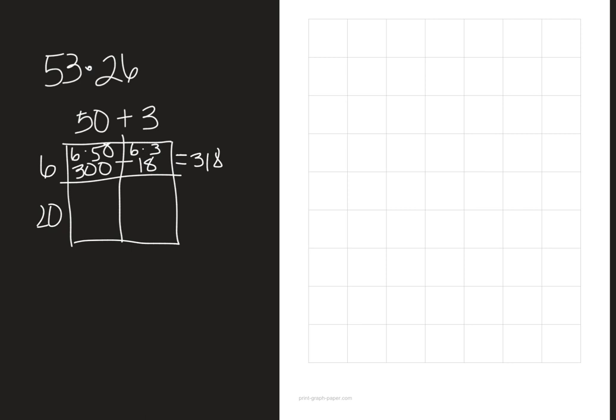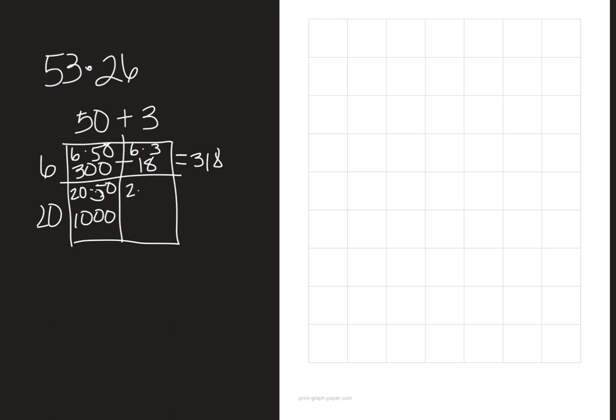So 20 times 50, 2 times 5 is 10. And then we have a 0 in the 20, that's 1, and a 0 in the 50, that's 2. So we need to add 2 more zeros, and that's going to equal 1,000.